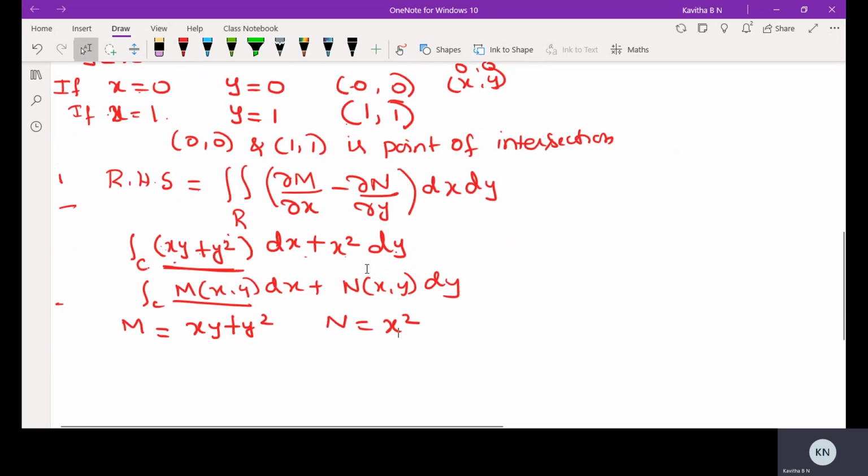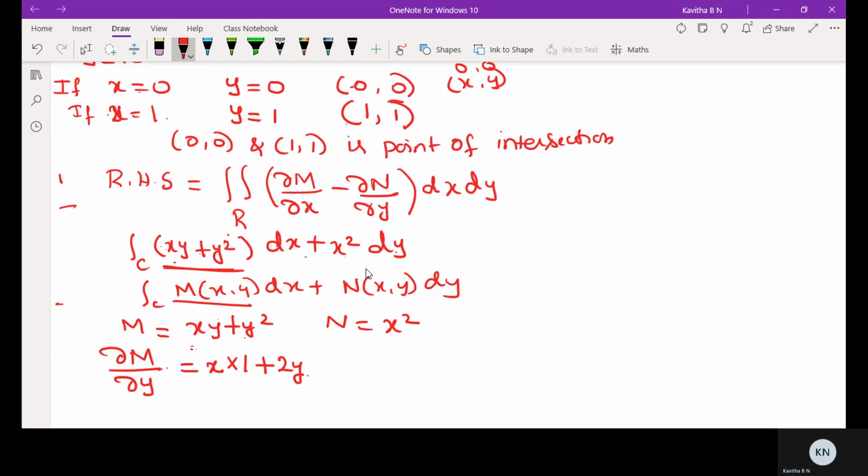Then find del M by del y, partially differentiating with respect to y, so x is a constant. The differentiation of y is 1, plus the differentiation of y square is 2y.